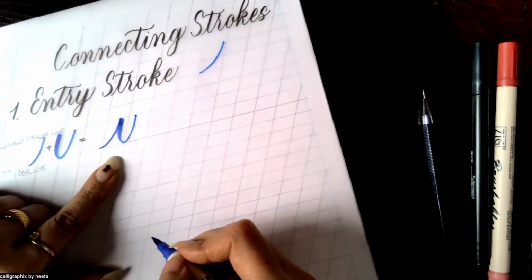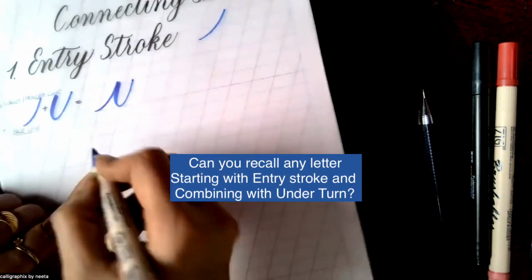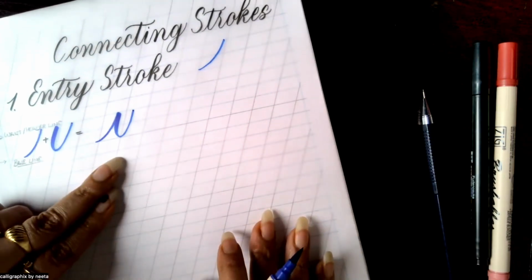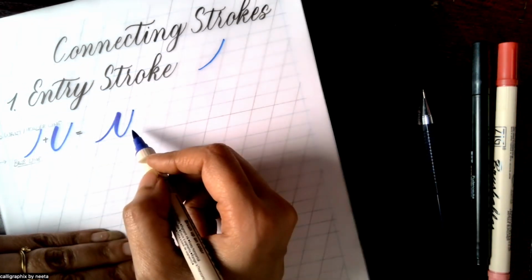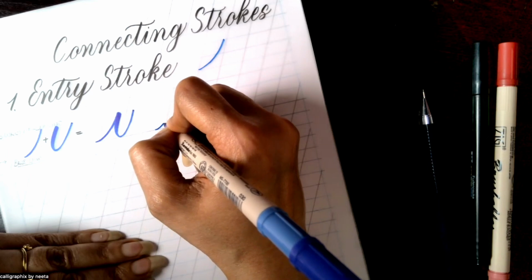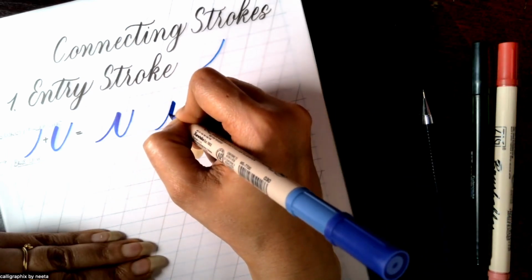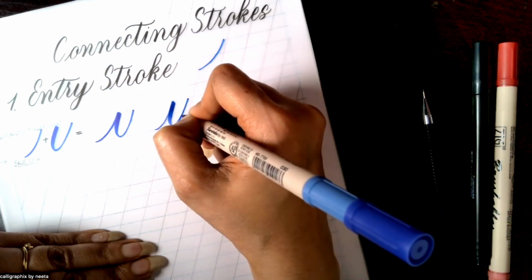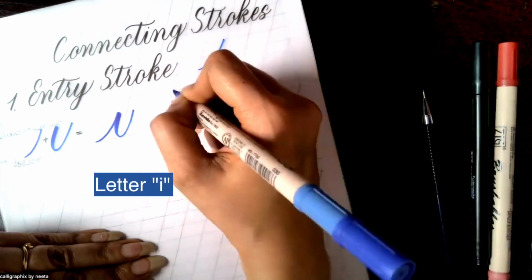If you remember, is there any letter that is related to this, which has the entry stroke and the underturn? If you see the English alphabet, there is the letter i here that looks like this, which has the entry stroke and underturn with a dot.